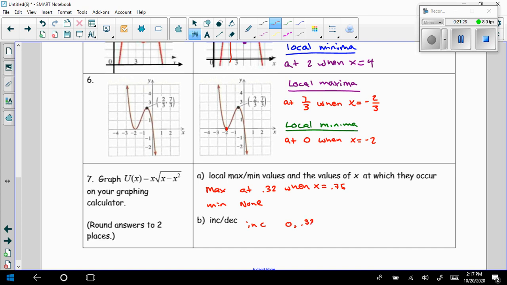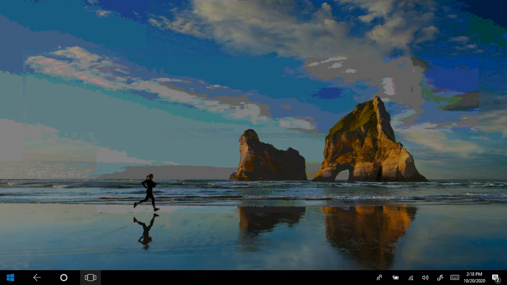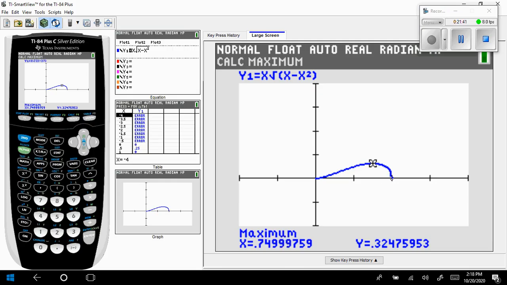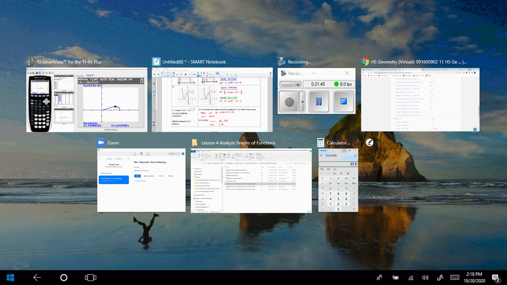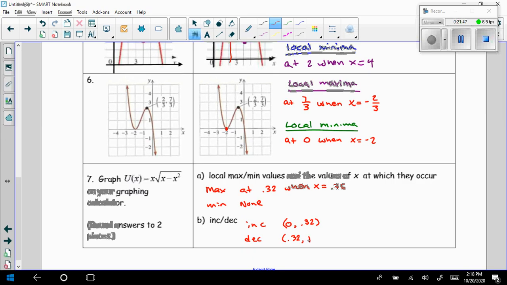Remember, we use X values here. And then it is decreasing from 0.32 to, and let me look back at my graph here. My last X value here looks like it's a 1. So it's going to 1. All right, so using X values, when is it increasing and decreasing? I rounded this to 2 decimal places, so I went out to the 100th spot.